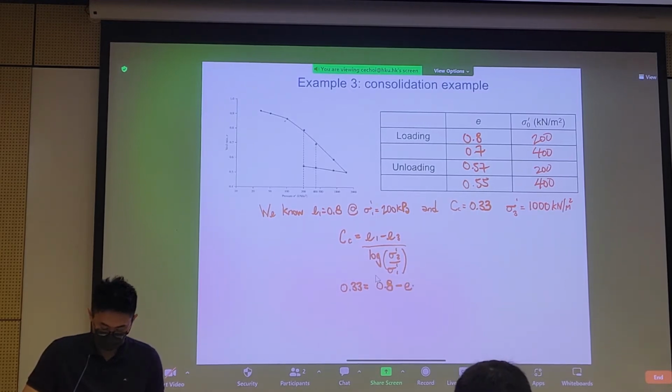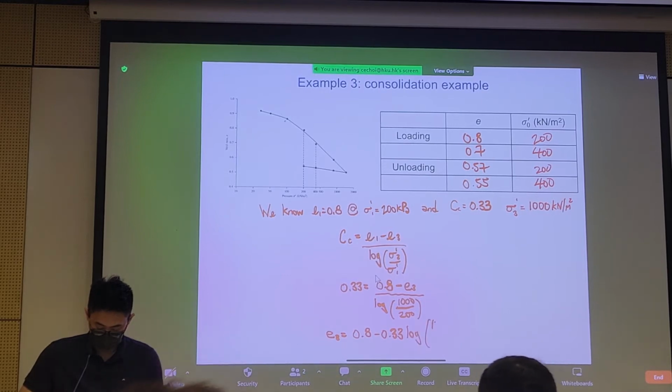And let's call this void ratio 3 for this new void ratio we want to calculate. We have our ratio of stresses. And if we calculate E3 and solve for it, we'll get 0.8 minus 0.33. We'll get a void ratio of about 0.57.